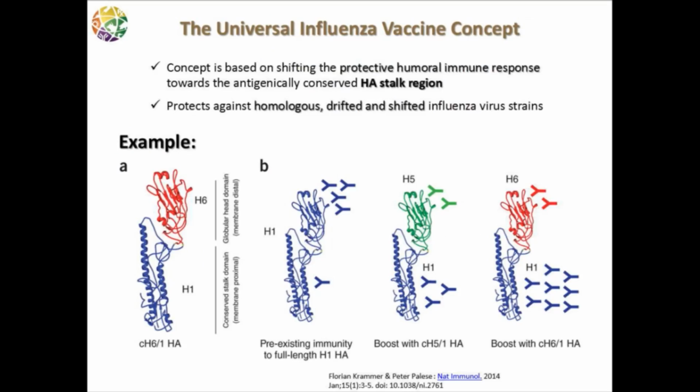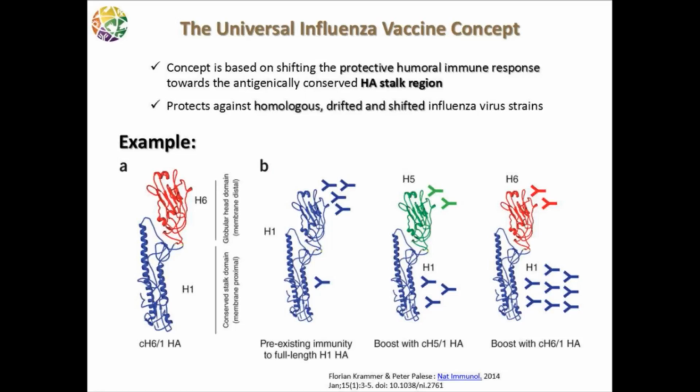And here, again, there is an example. The concept of a universal influenza vaccine is based on shifting the protective immune response toward conserved cross-protective epitopes. Here, you create several hybrid proteins which have globular heads from different serotypes, for example H1N1, H5, and H6, as shown here, and the Stalk domain from pandemic H1N1 in this example.